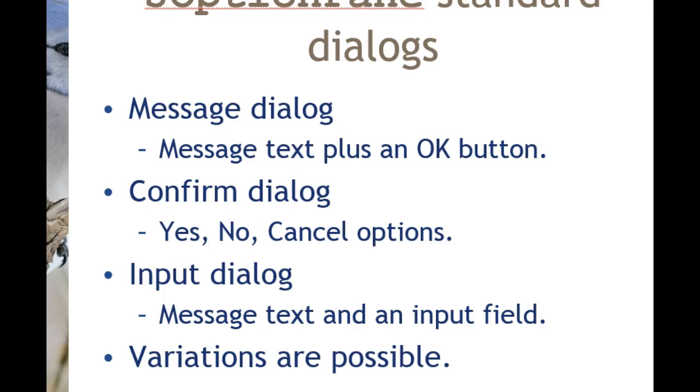Confirming dialogs usually ask a question and have buttons like yes, no, and cancel options. And then input dialogs include a prompt and a text field for the user to enter text.